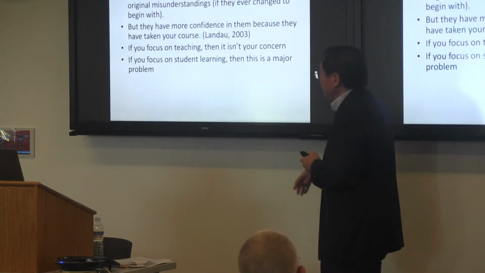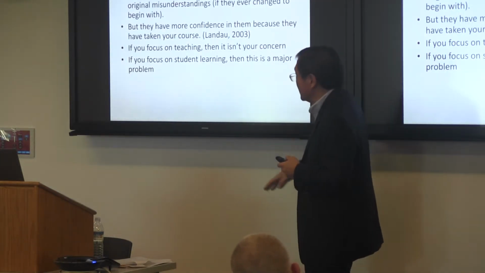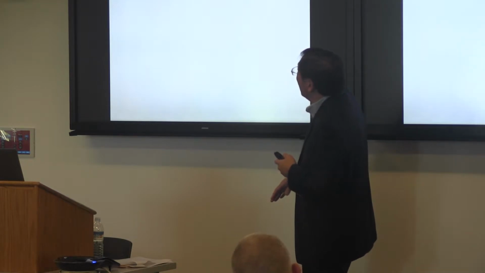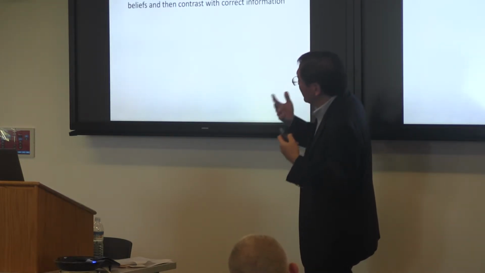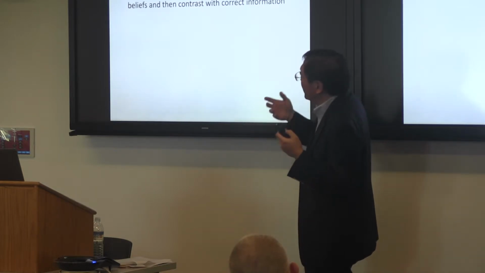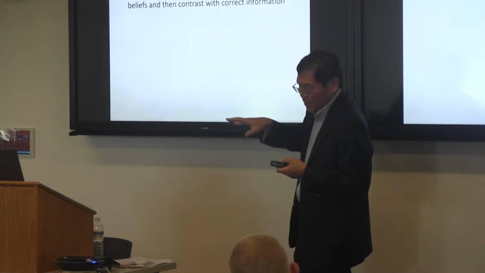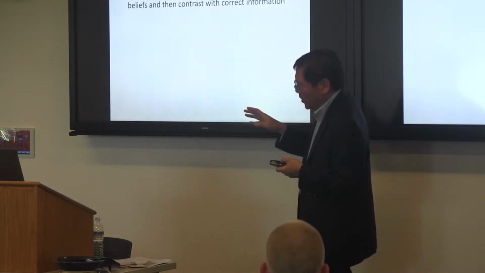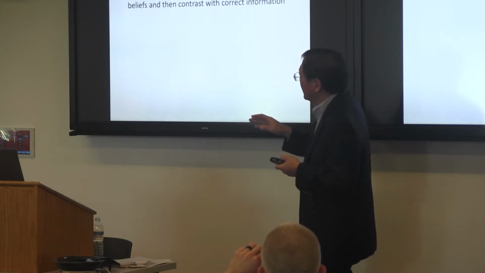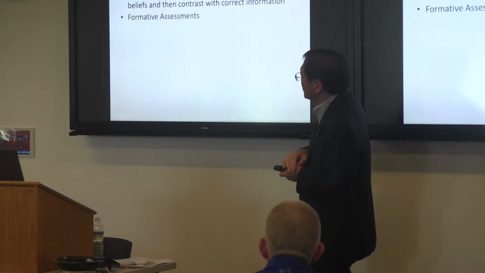So if you worry about what your students learn in your class, misconceptions is a serious problem. So what do we do about it? Typically the approach that people use is activation and refutation. So you activate the misconception, then you refute it. The results of this approach are mixed at best, but it's probably the best general solution.